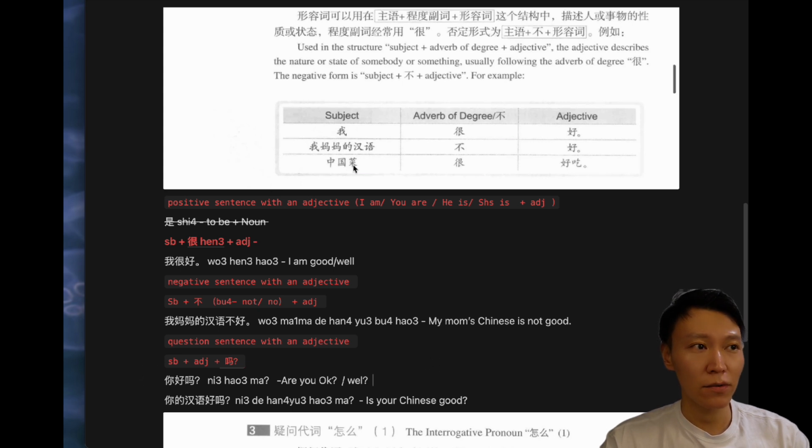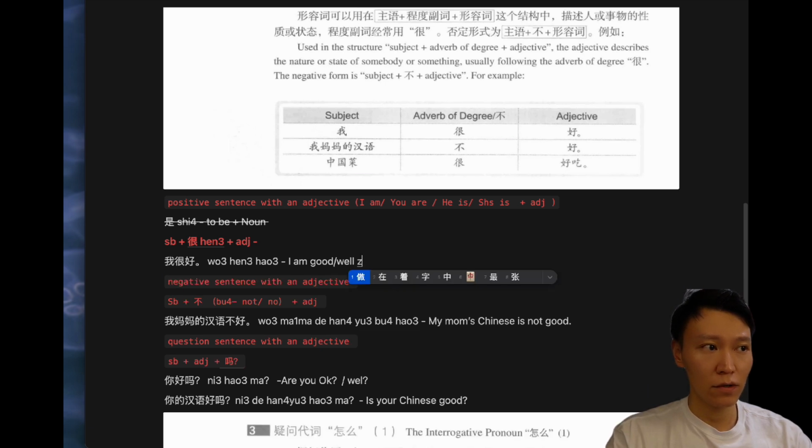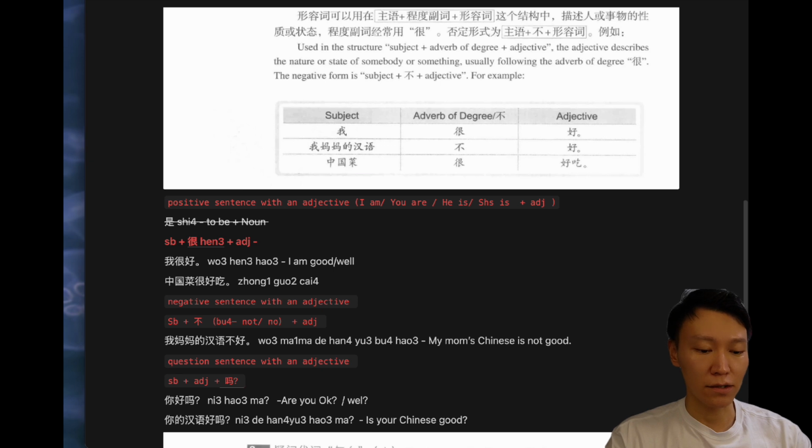Okay, so here we have another example. 中国菜很好吃. I will write it here. 中国菜很好吃, which means Chinese dish is tasty.